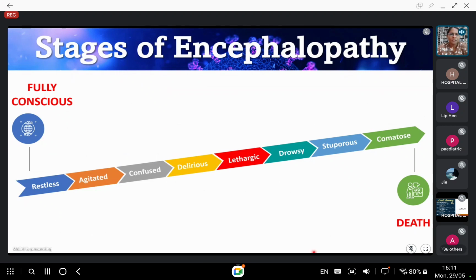History-wise, you need to be very clear about signs and history of encephalopathy, and sometimes it can be as subtle as increased sleepiness, sleeping more than normal, and just feeling tired.